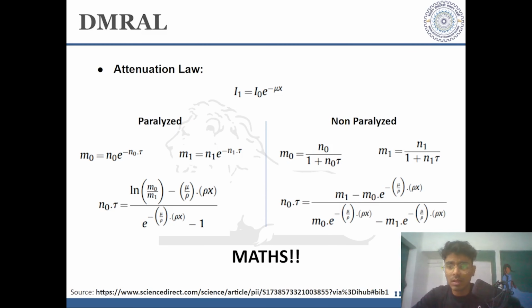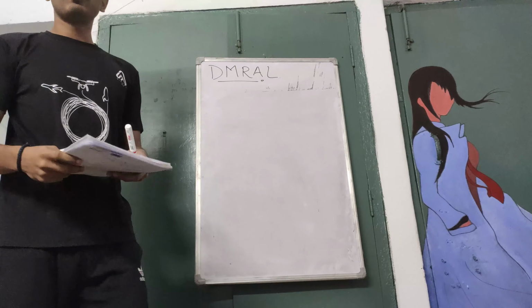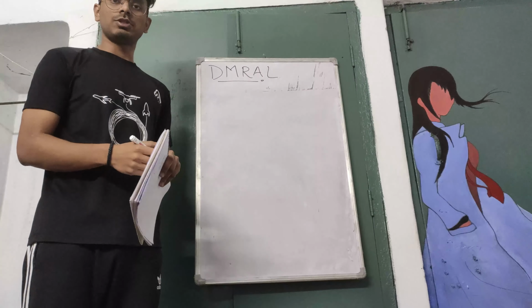Next, I'm going to talk about DMRAL, in which we are going to use the attenuation law, which is I1 = I0 e^(-mu x), and everything I'm going to explain on the board. So now I'm going to derive the DMRAL mathematical expression.